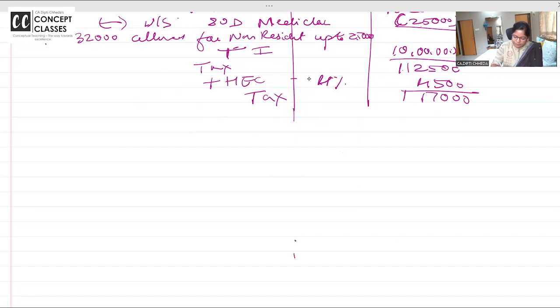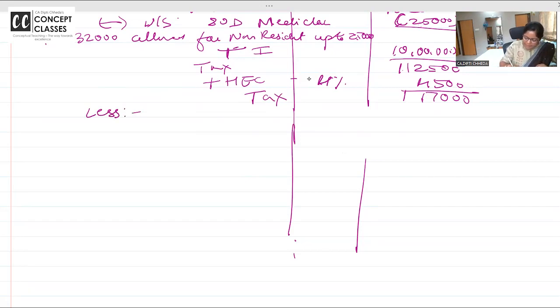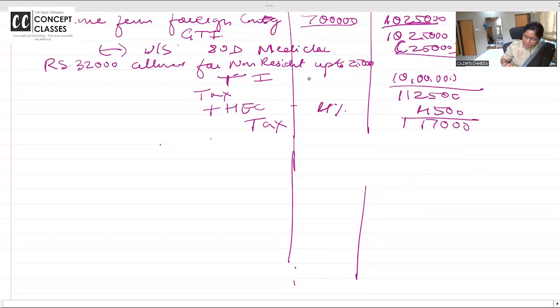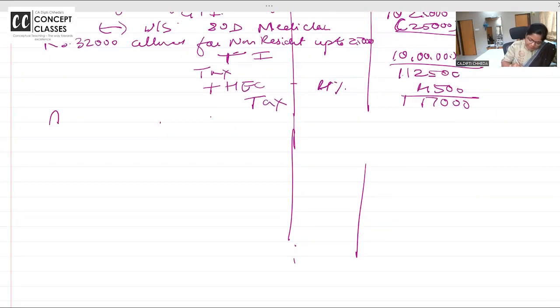अब देखो, less. Today my pen is giving trouble, so I am doing slow. हाँ, relief मिलेगा, लेकिन पहले relief के लिए workout करेंगे. What is the average rate of tax in India?